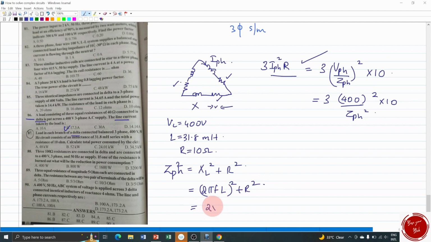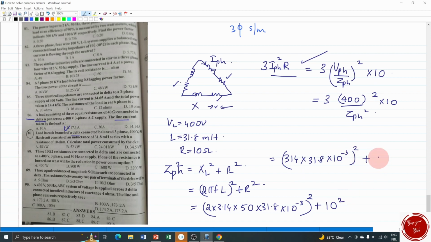Now 2 into 3.14 into F value is the 50 Hertz into L value is 31.8 millihenry, whole square plus R square. What is R? Resistance is 10. Okay, 10 square. So let's do this lengthy numerical. 2 into 50 is 100. 100 into 3.14 is 314 into 31.8 into 10 raised to minus 3 whole square plus 10 square is 100.